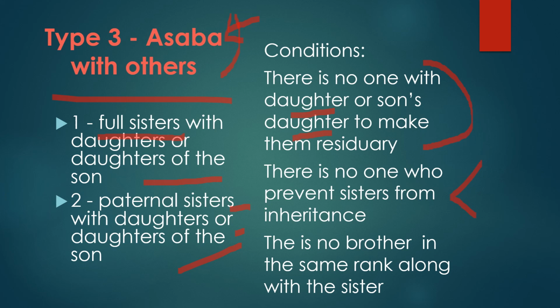So for the full sister or paternal sister to inherit the wealth as asaba, as residuary heirs, there must be no one who will prevent sisters from inheritance. Third one is, there is no brother in the same rank along with the sister. If there is a brother, for example, full sister and full brother, then the case will be asaba by others, the second type. Okay, these are the three conditions for this inheritance case, that is asaba with others.